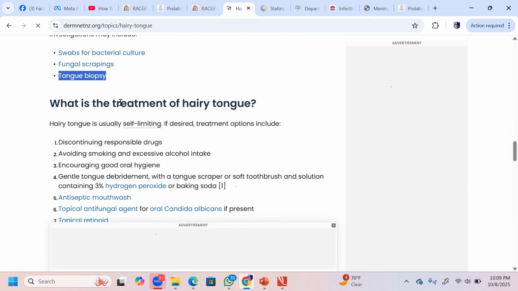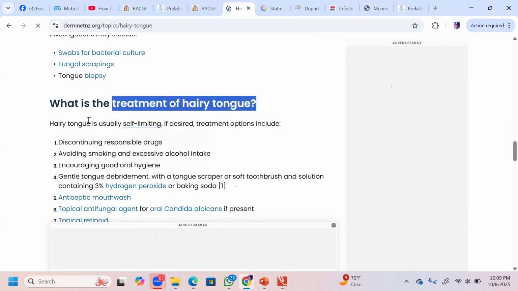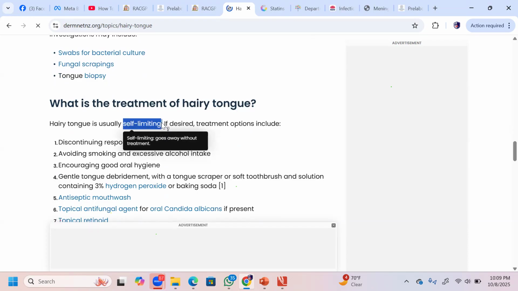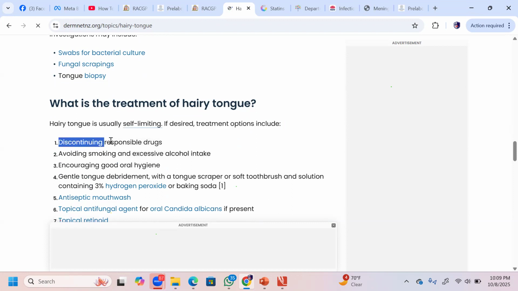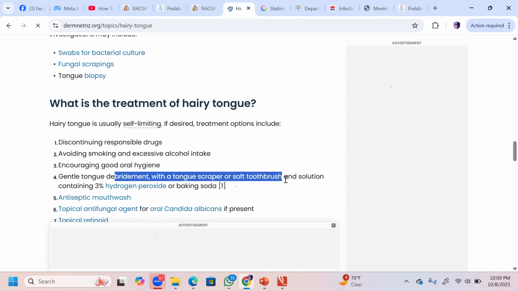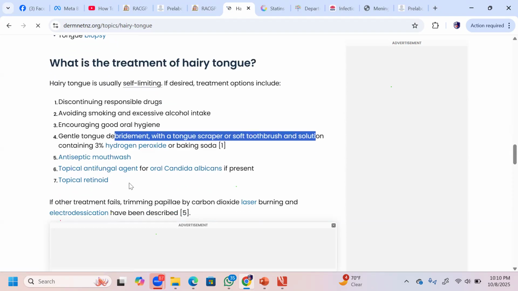And what is the treatment? Hairy tongue is usually self-limited. Treatment options include discontinuing the responsible drug, avoiding smoking and excessive alcohol intake, encouraging good oral hygiene, gentle tongue debridement with a tongue scraper or soft toothbrush, antiseptic mouthwash, topical antifungal agent, and topical retinoid.